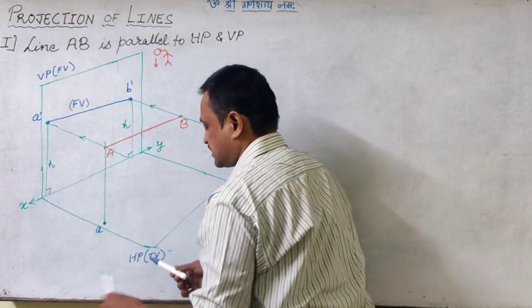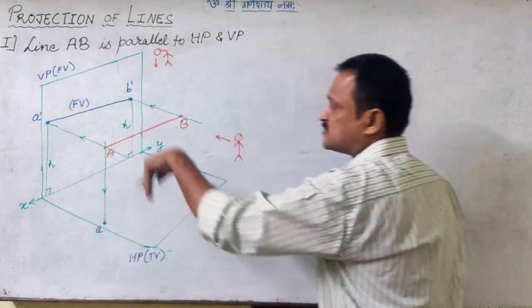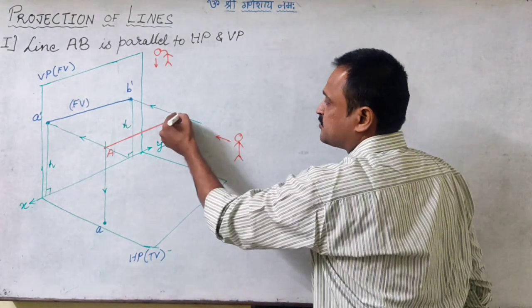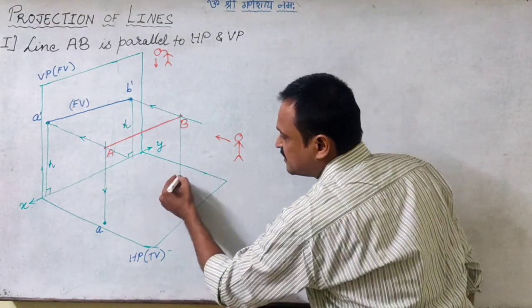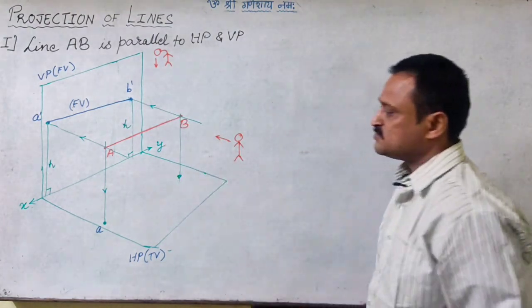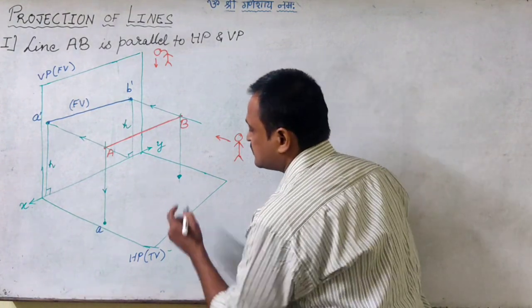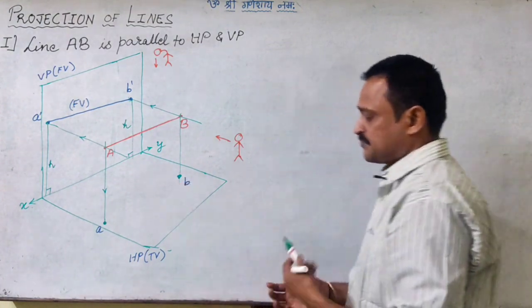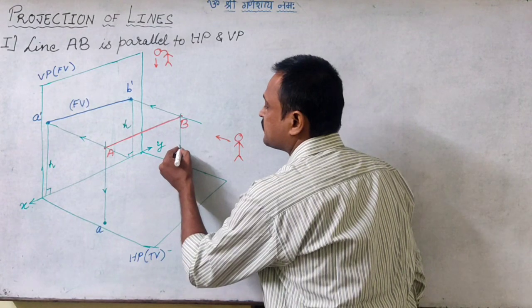So this is the projector of A for the top view. Then we again drop the projector for B. Wherever it meets the horizontal plane, here I will get the top view image of B as small b.